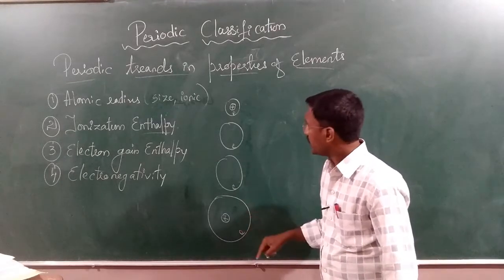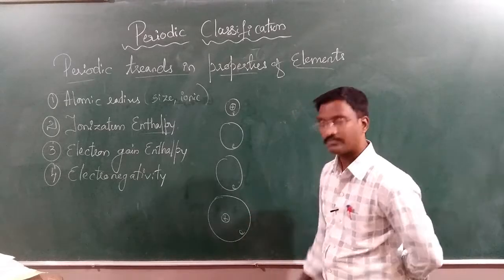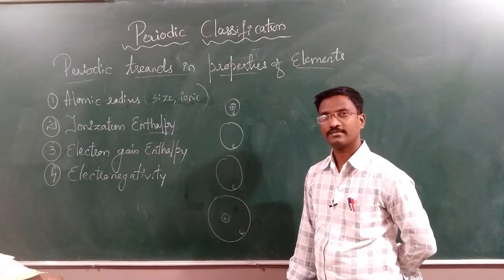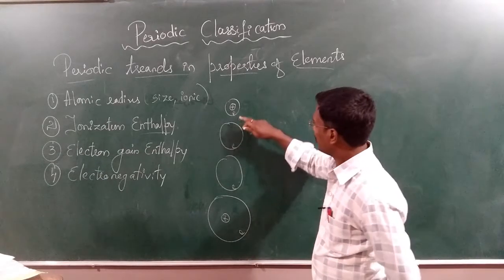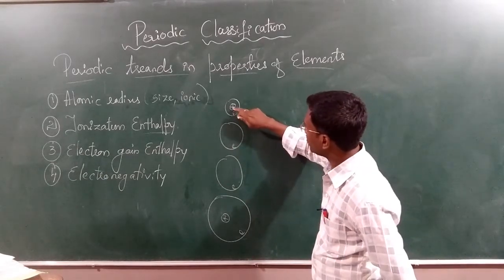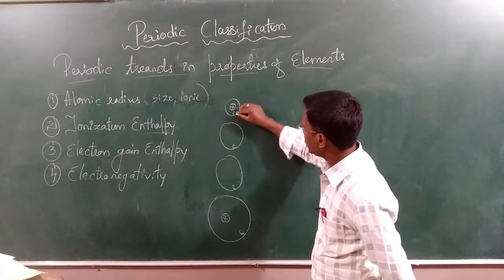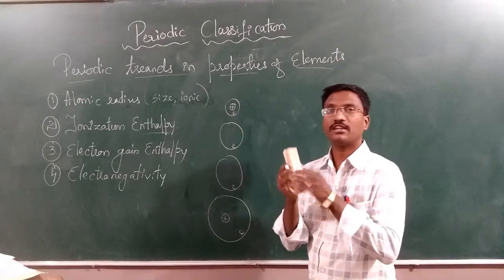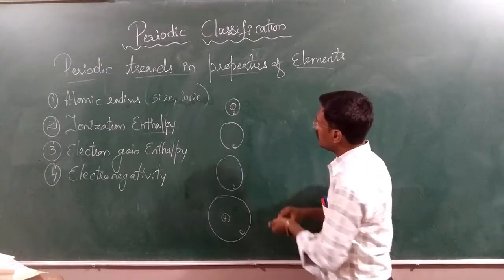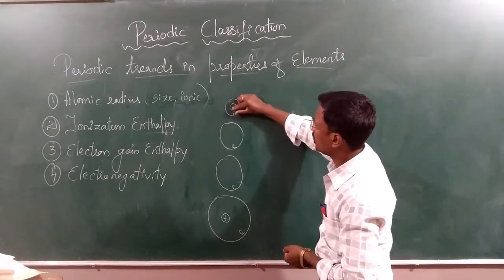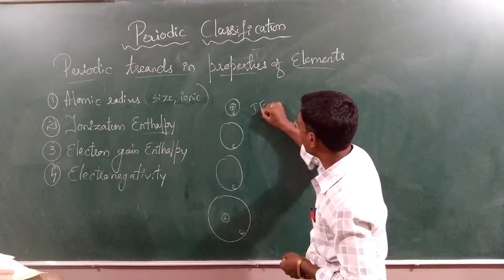So where do we need greater energy, to remove this electron or this electron? Come on, answer. At least you can answer yourself now. Here the electron is very near to the proton. Here the electron is a little far away from the nucleus, so it has lesser attraction between the center of the nucleus and the outermost electron. Can you see, here the distance is short, meaning it is strongly bonded. So to remove this electron we need greater ionization enthalpy.